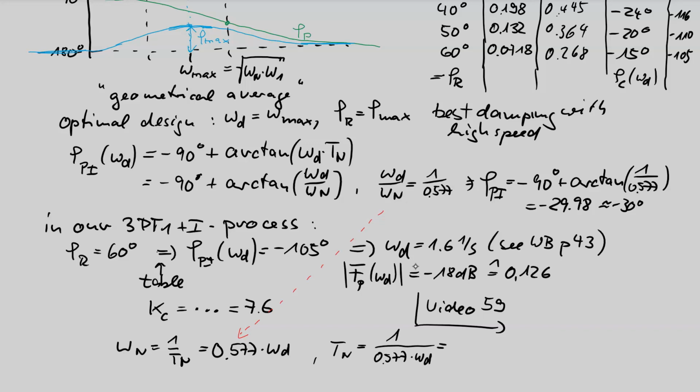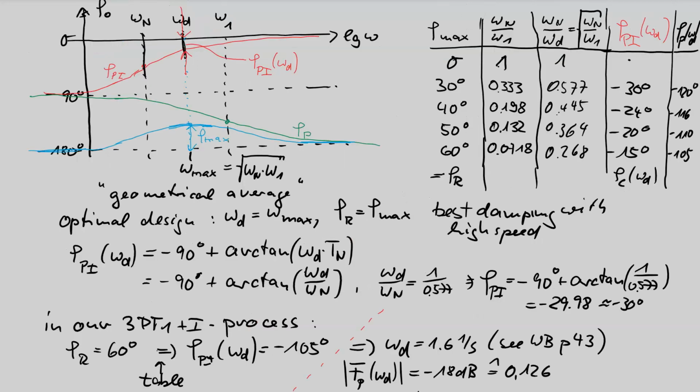With our result 1.6, we have 1 divided by 0.577 times 1.6 per second. You see that is really a time. In my calculator I get the result 1.08 seconds. This seems to be strange, but I have to check.